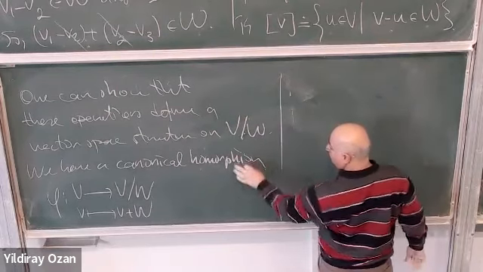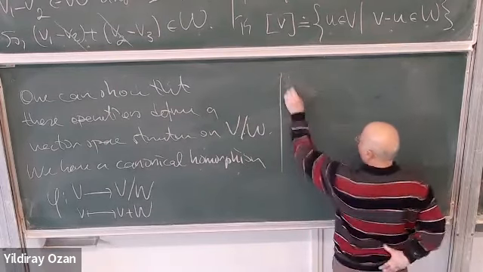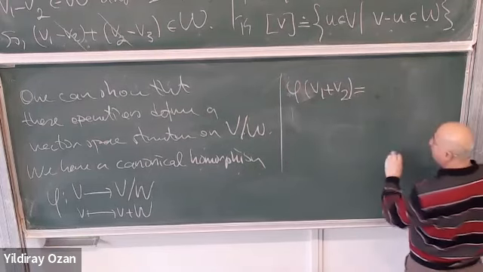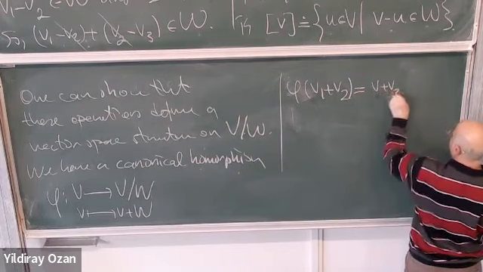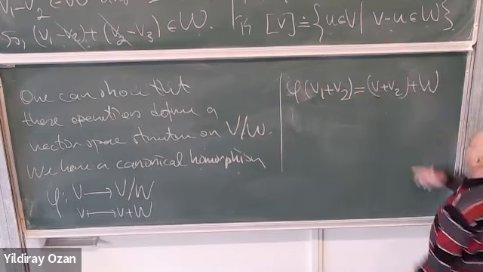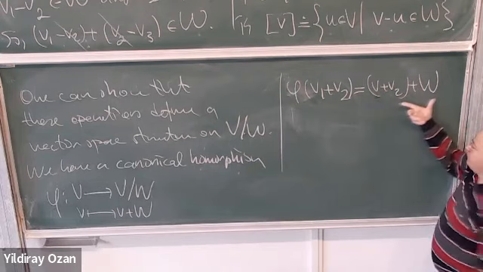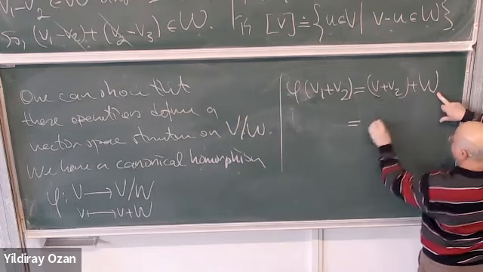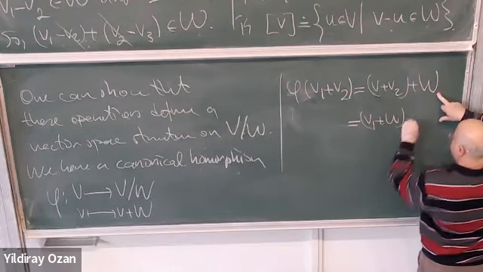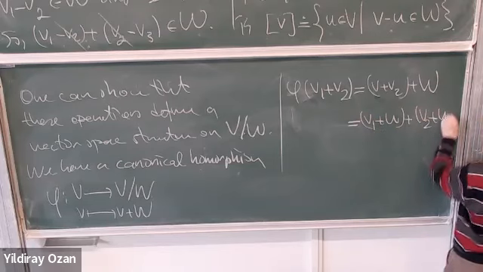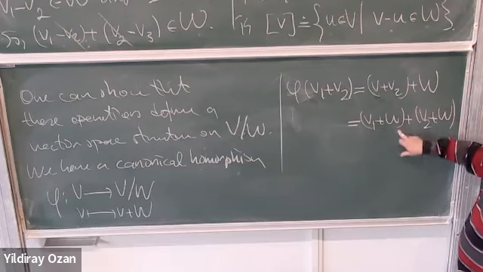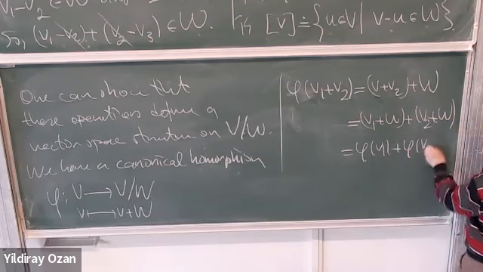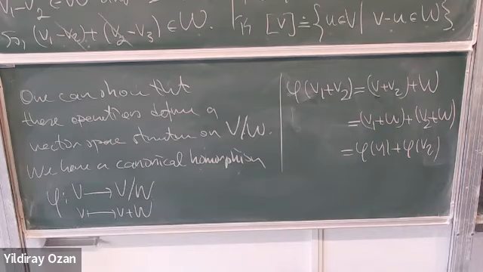Now, this is a homomorphism. First, we have to prove that. Let's say V1 plus V2. By definition, this is the class represented by V1 plus V2. But we just defined our addition in the quotient vector space like this, so it is equal to phi of V1 plus phi of V2.